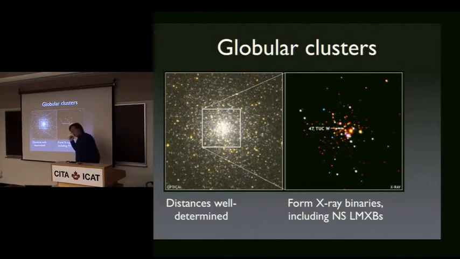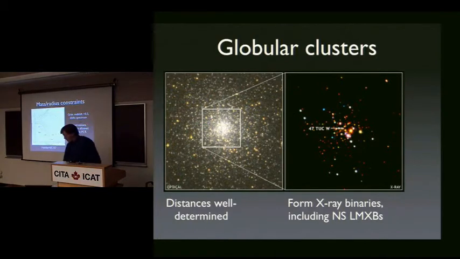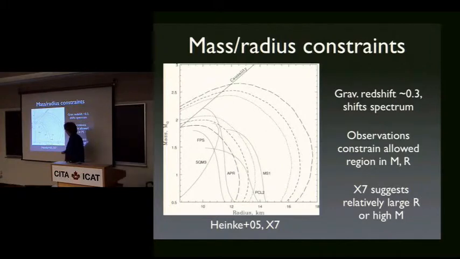As I'll give you a reason to understand in a few minutes, we have reason to believe that the more massive a neutron star is, the faster it will cool. And thus a really X-ray luminous quiescent neutron star probably is going to be a relatively low mass star. So for that reason, if I had to bet, I would say that it's more likely to be a relatively large radius neutron star than to be a high mass neutron star.